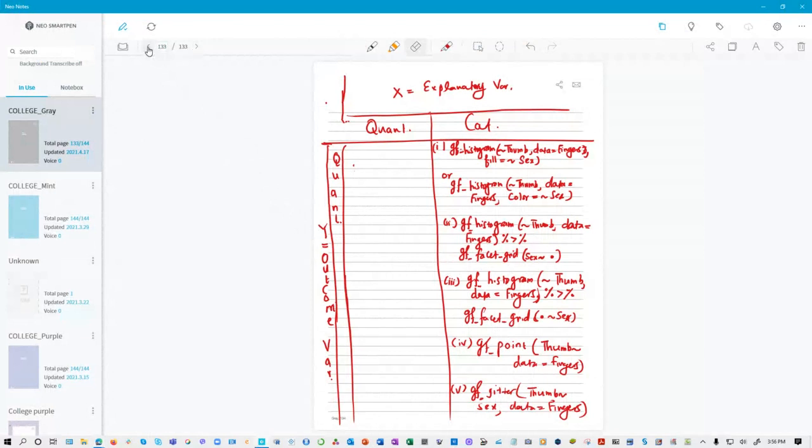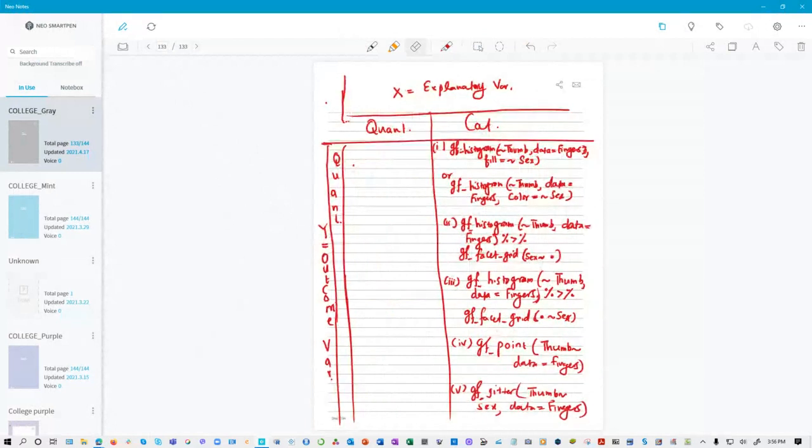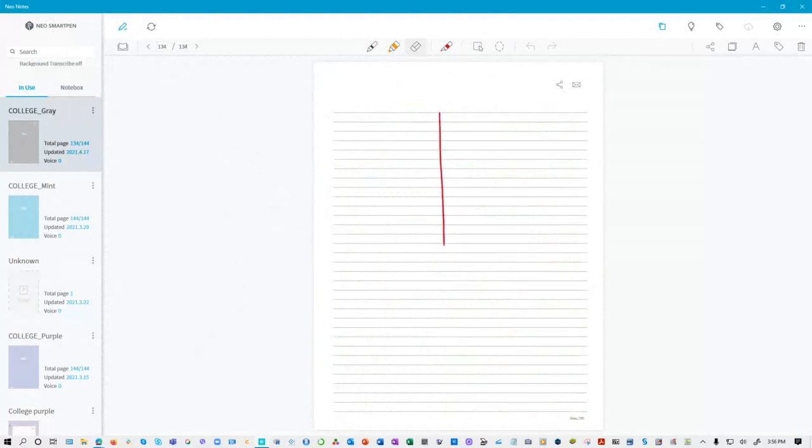Number 6, box plot. You can remember how we did the box plot. I'm going to do that one on a different page. So the box plot is done by gf_boxplot. You're going to do the same thing as with the jitter and the point plots.